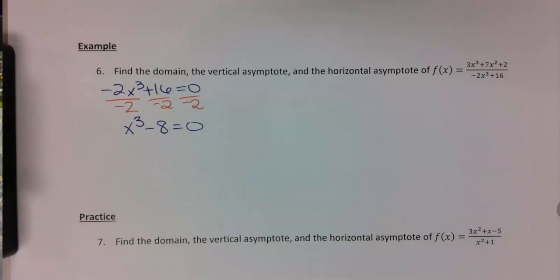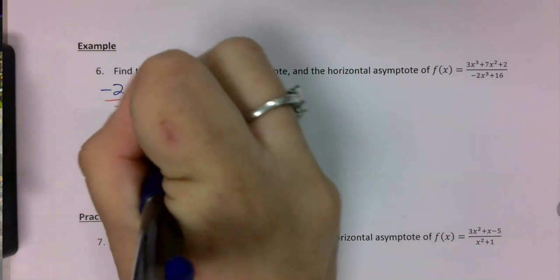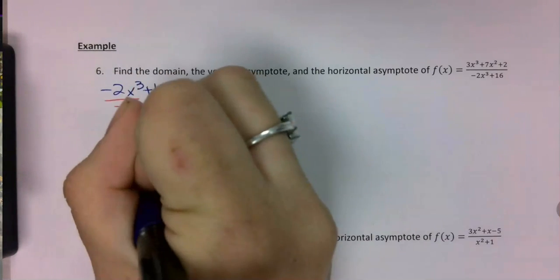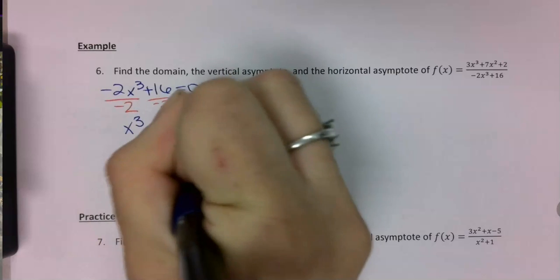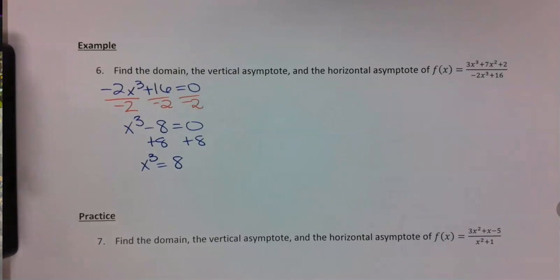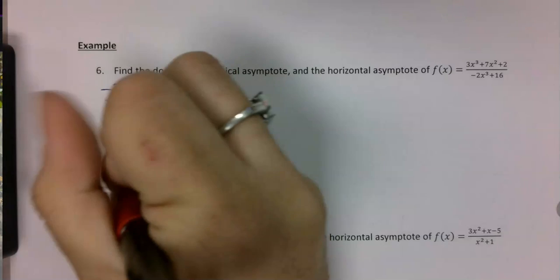Okay, so then what do I want to do? Add 8. Okay, how do I solve it? It's just 2? I know it's 2. Cube root it.